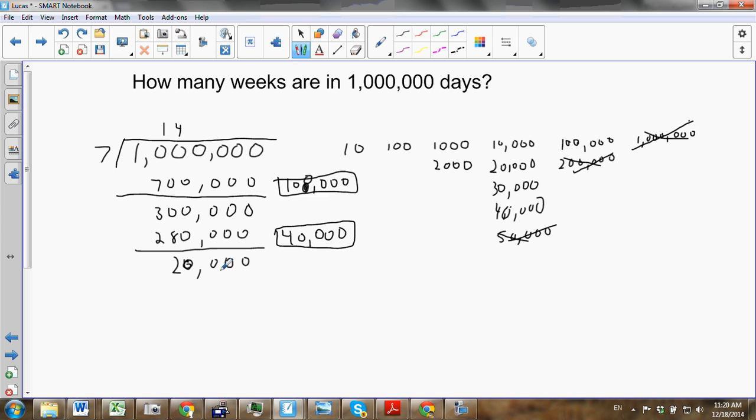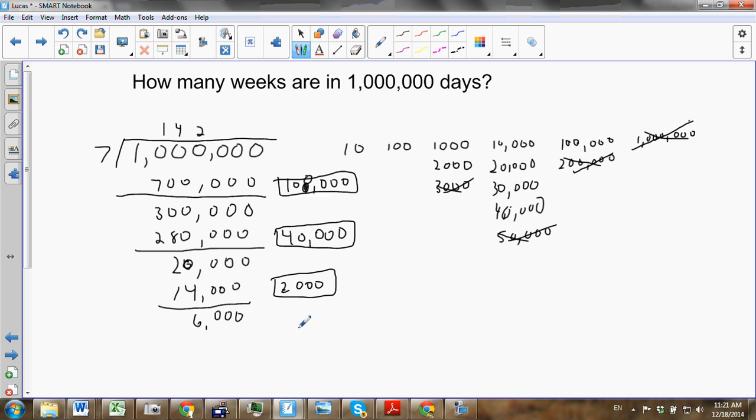That's still less than 20,000. 3,000 sevens would be 21,000. That's too big. So we can only take out 2,000, and that would be 14,000. And we'll put a 2 up here in the thousands place. And we're left with 6,000.